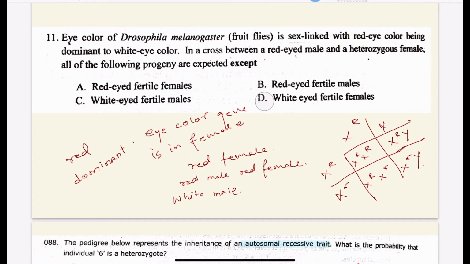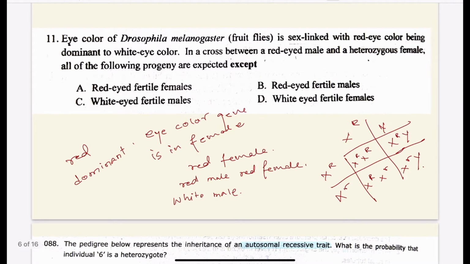Eye color of Drosophila melanogaster fruit flies is sex-linked, with red eye color being dominant to the white eye color. In a cross between a red-eyed male and a heterozygous female, all of the following progeny are expected, except which one? Okay, we will do that and see. So they are asking about a red-eyed male.